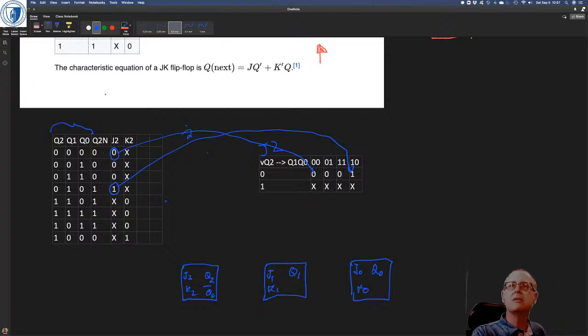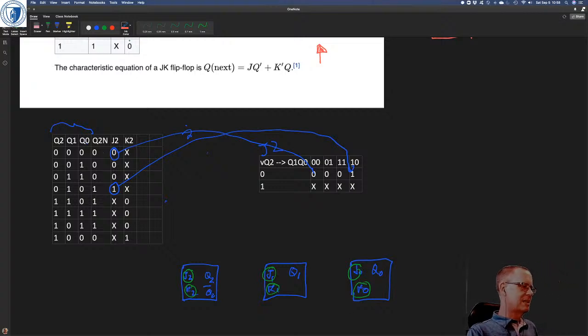So we need to find expressions for every one of these inputs in order to get the whole thing to hang together. Right? So this is the J2 Karnaugh map.